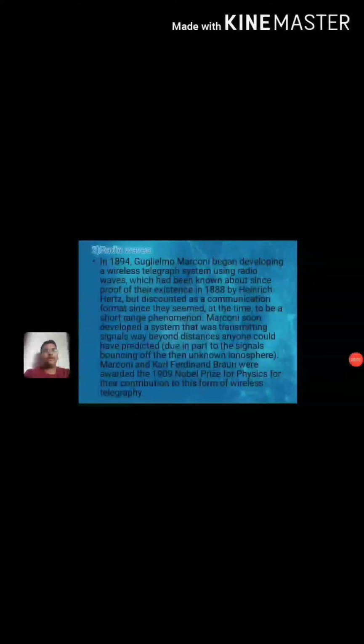Radio wave. After the proof of existence of radio waves in 1888 by Heinrich Hertz, Guglielmo Marconi started developing a wireless telegraph in 1894 using radio waves. Marconi developed the longest transmission system known at that time. Marconi soon developed a system that was transmitting signals beyond a distance anyone could have predicted.